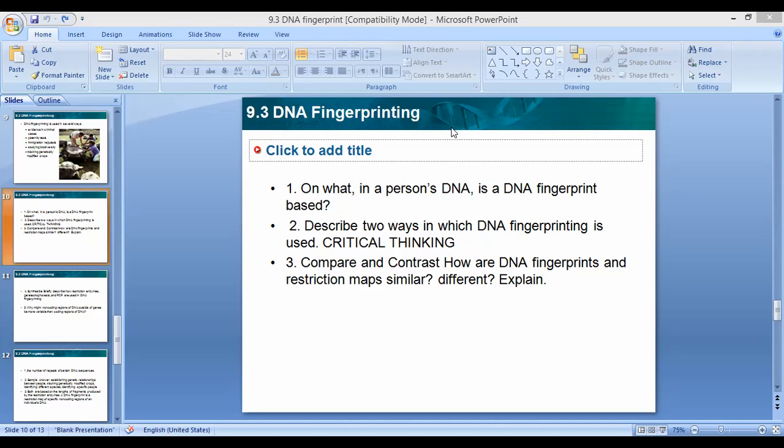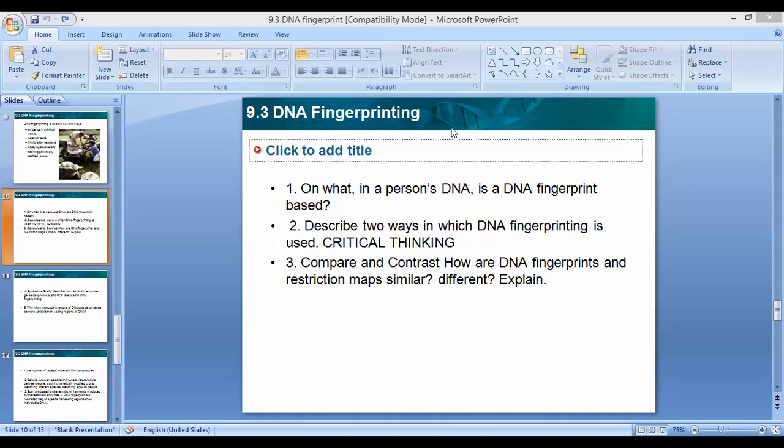Okay, how do we make it? It is a type of restriction map, just like any other map. We make it by first cutting DNA with a restriction enzyme. Then we apply the DNA sample on gel electrophoresis for these fragments to be separated, and it will make a pattern, meaning bands on the gel in a certain pattern. This pattern will be compared to the original sample or between family members or whatever.